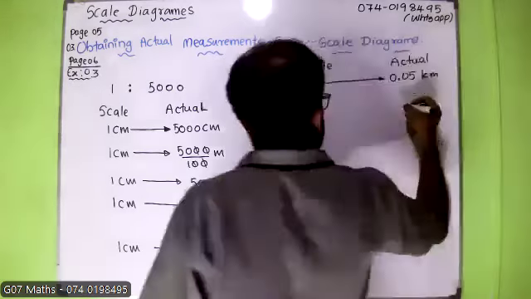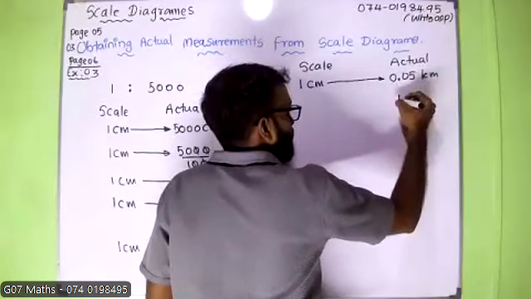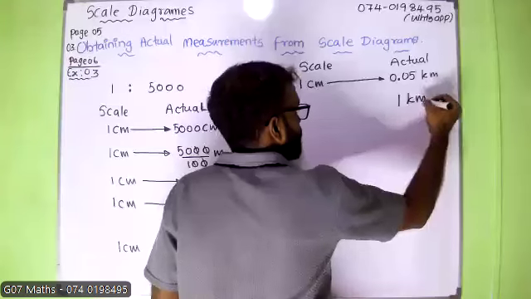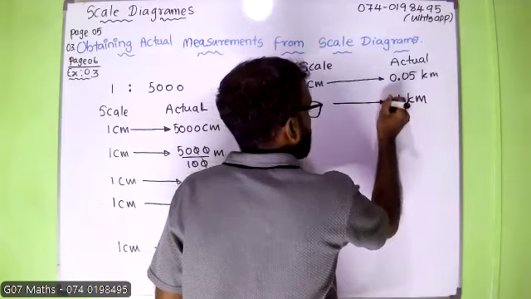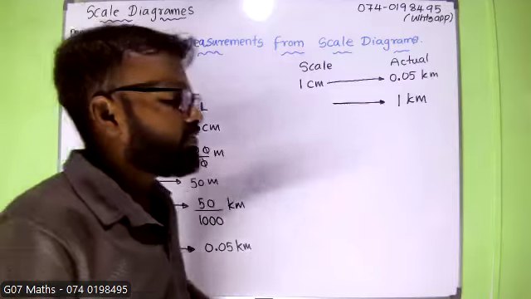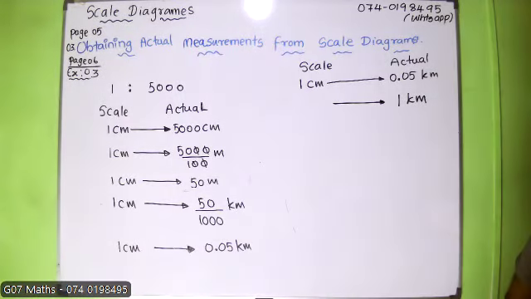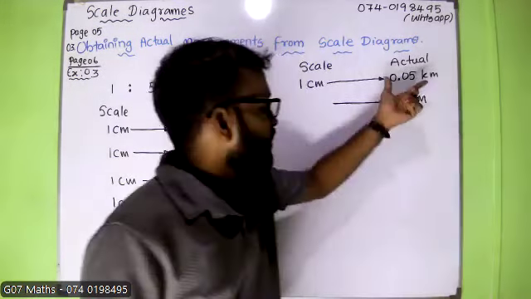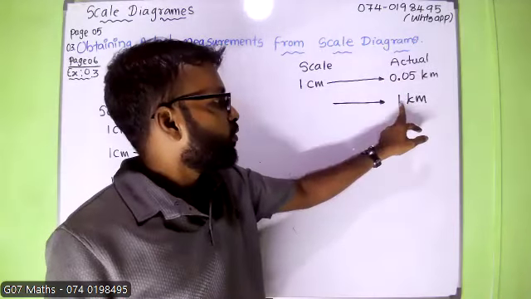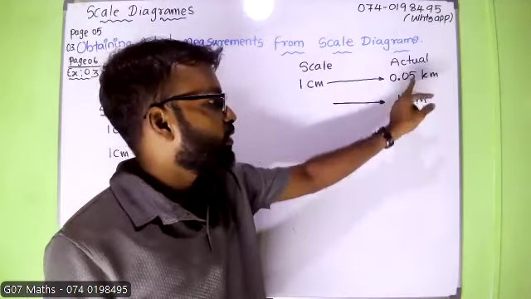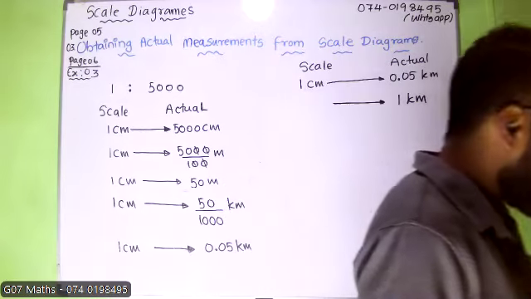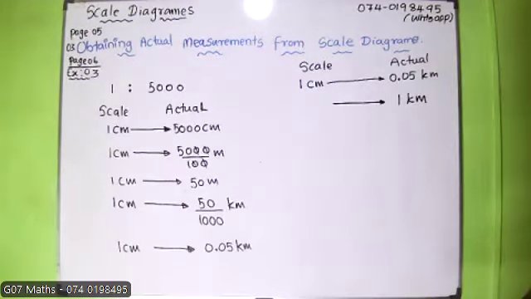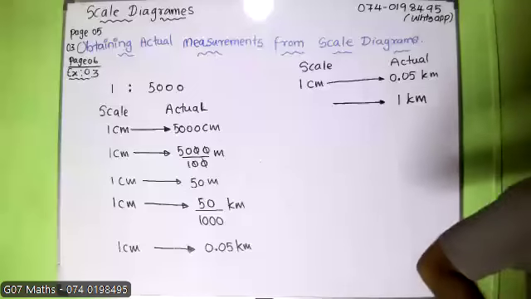So your actual side should be 1 kilometer. Your actual side should be 1 kilometer. Now, how do you do this? How do you convert 0.05 into 1? How do you convert?